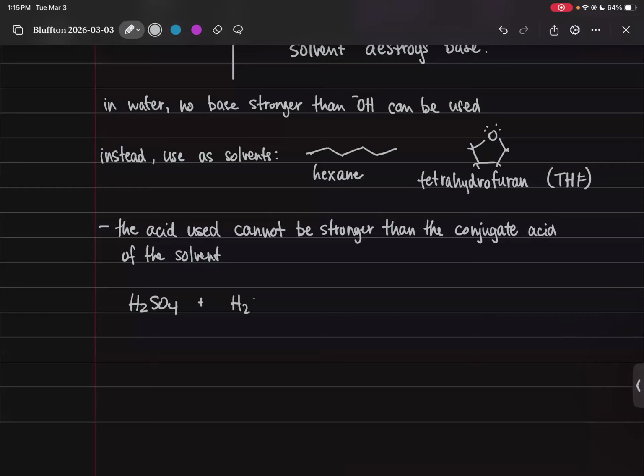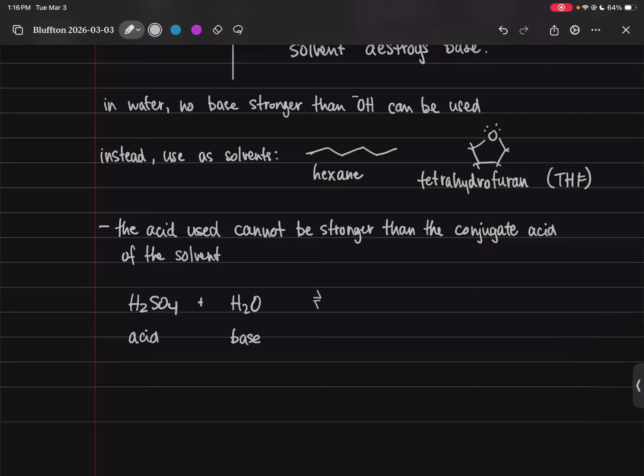But let's pretend that we don't know what happens. And write an acid-base reaction for this, where sulfuric acid is the acid and water is the base. Okay, so now we're sort of in inorganic chemistry land and not organic land, but that's okay. The definitions are the same.